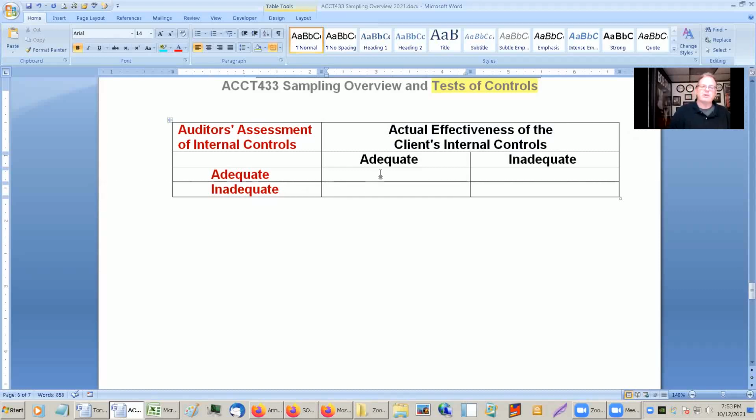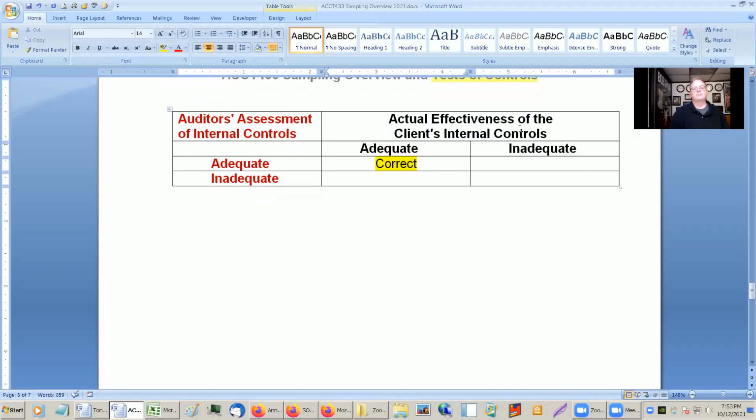So, for example, if it's adequate, and we come up with a decision that it's adequate, that's correct, right? We came to the correct conclusion. And same with the inadequate.